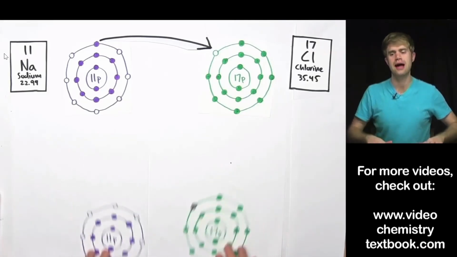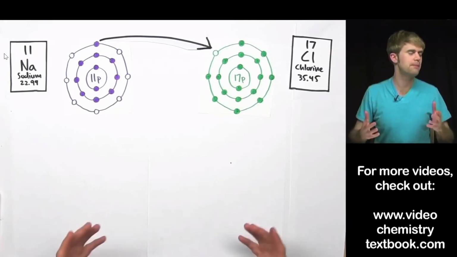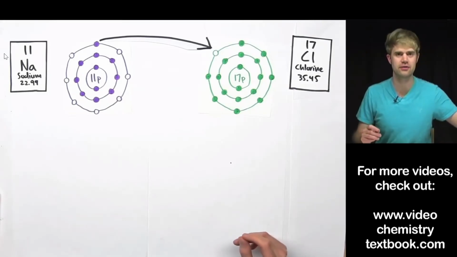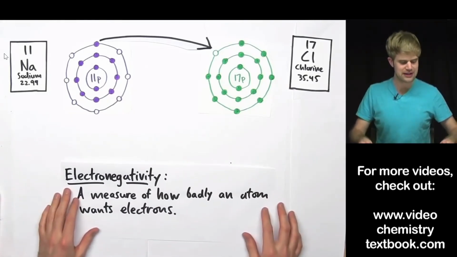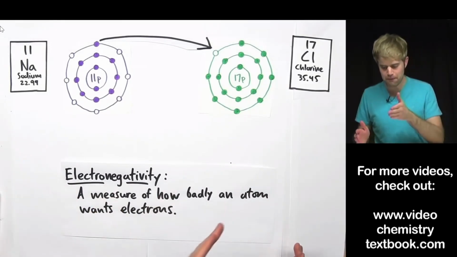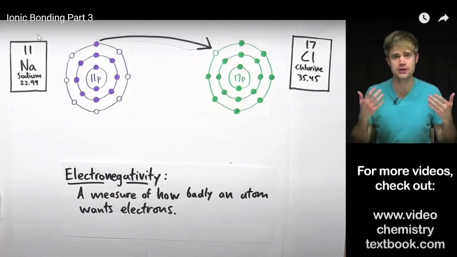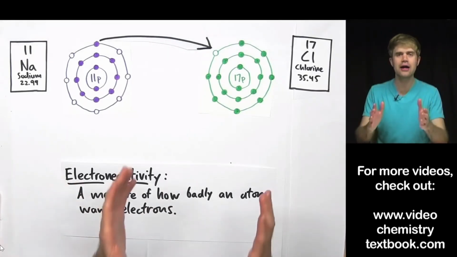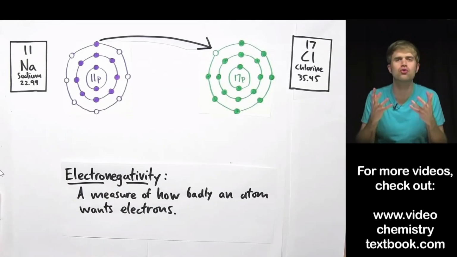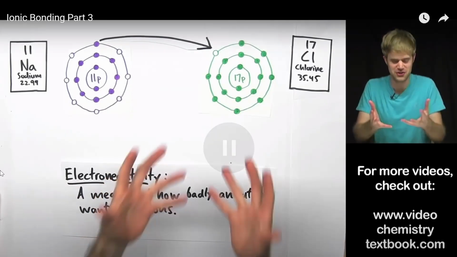The answer has to do with a topic called electronegativity. Electronegativity is a measure of how badly an atom wants electrons. The higher an atom's electronegativity, the more greedy it is for electrons. If any of you are interested in learning more about electronegativity, I can throw something together for you.